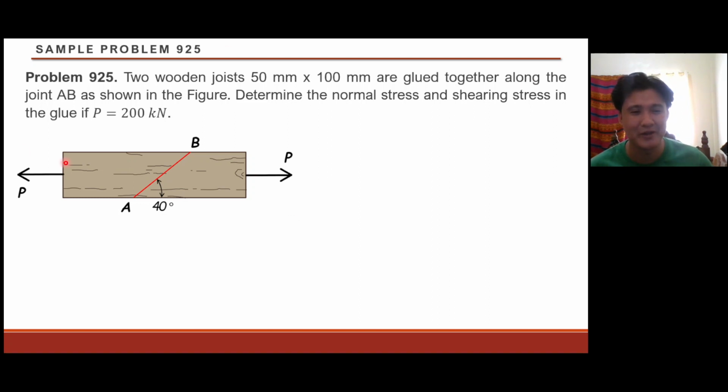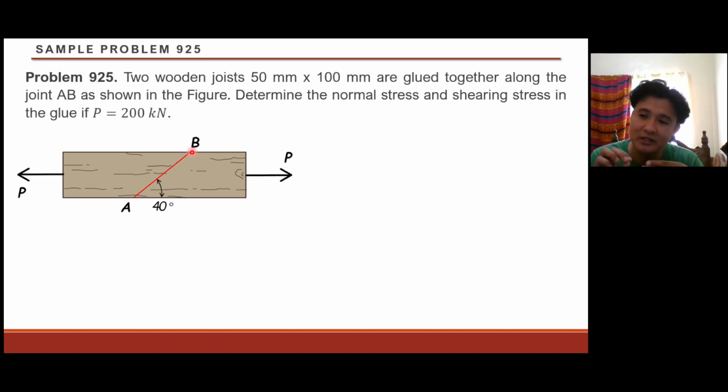So ayun nga, we have two wooden joists na pinagdikit using glue. Tapos kinargahan natin ng P that is 200 kilonewtons. So we will compute yung normal stress tsaka shearing stress along plane AB kung saan natin pinagdikit yung wooden joist. Ito yung general concept sa pagso-solve ng mga structures kung saan halimbawa wineld lang natin yung dalawang structure.